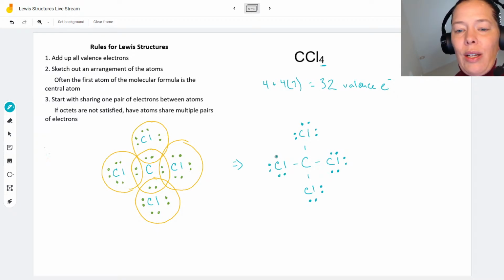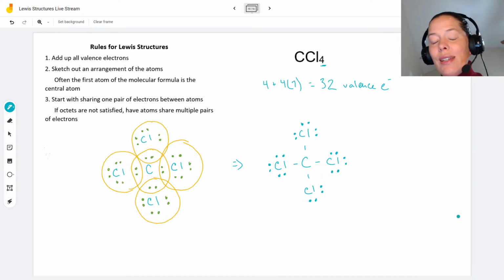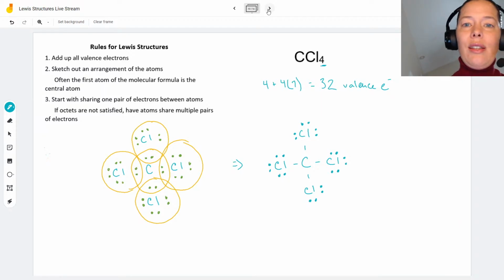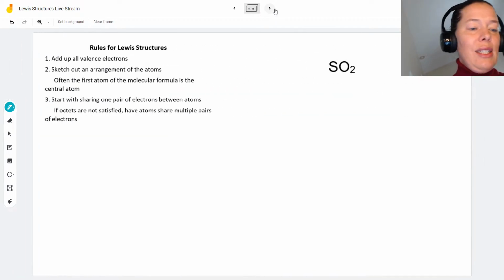And one more. There we go. All right, so this is the Lewis structure for carbon tetrachloride. Okay, no questions? Let's move along.